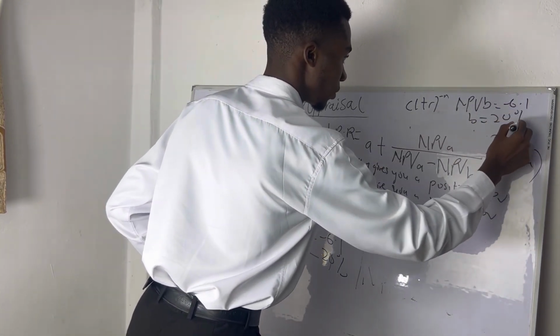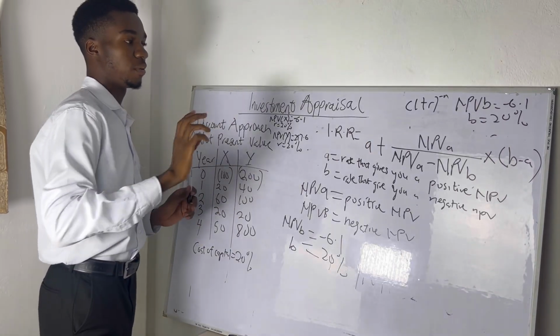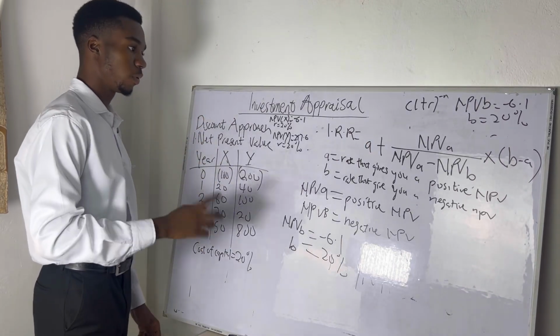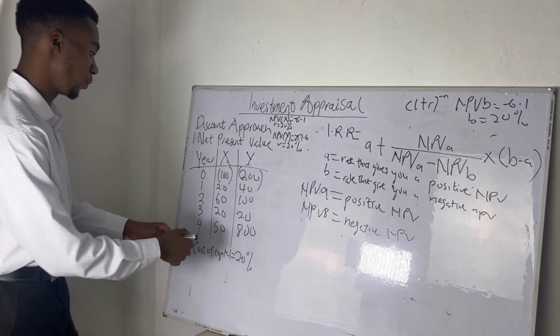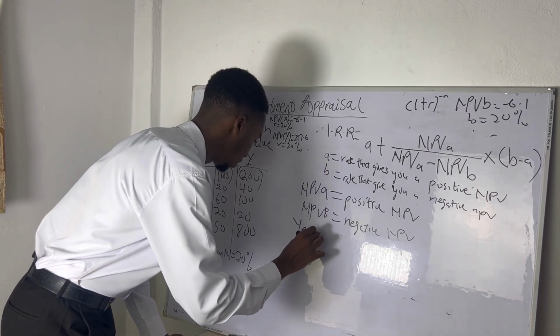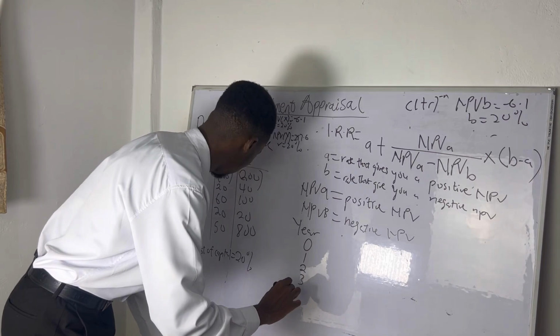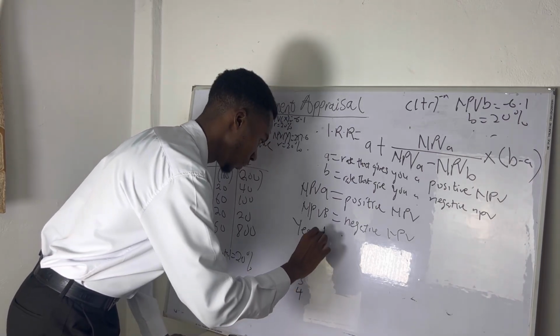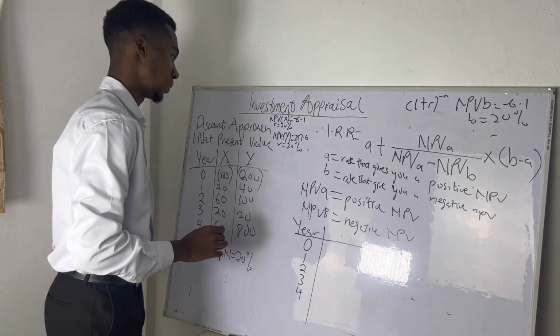So now we already have our NPV B. Now we need our NPV A for the X. We are going to do it for the X, then you guys do it for the Y. The same thing we did with the 20%. This time our cost of capital is 10%. So let me do it here so that you guys can see: 0, 1, 2, 3, 4. I hope you guys can see. Then the year.